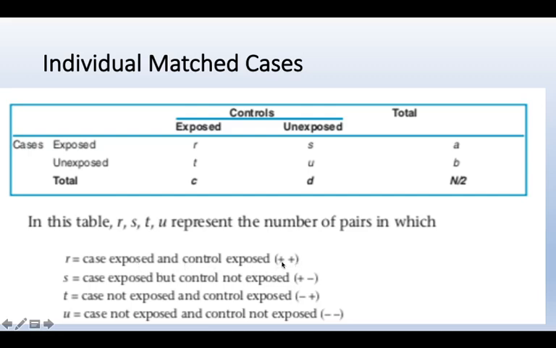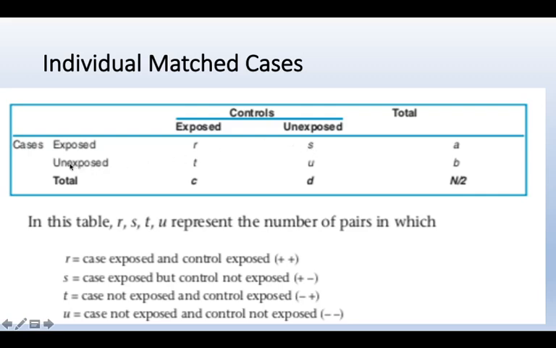So I have two pluses, which is labeled here as R. The S region indicates case exposed: I have a tumor, but I don't have a control. I don't have any adjacent normal background tissue of that patient. Maybe it was lost, maybe the surgeon forgot about it. This is called unexposed control.